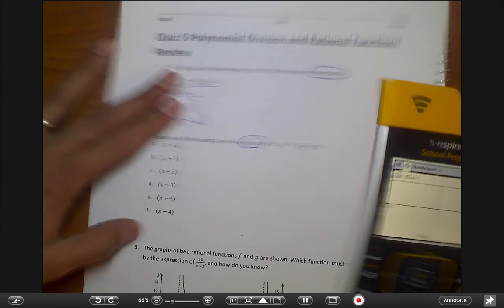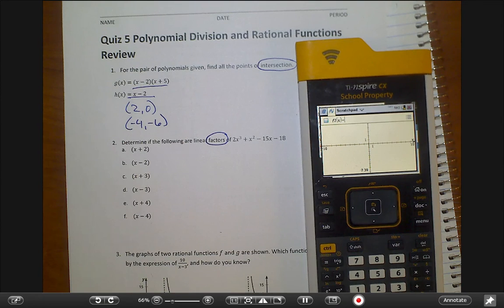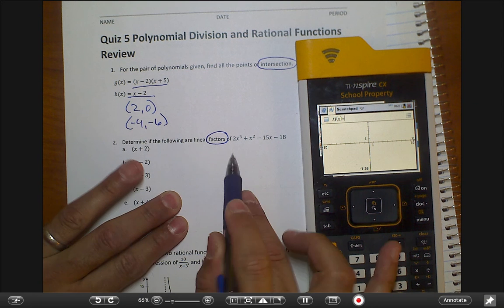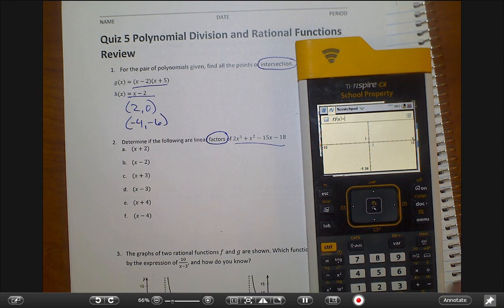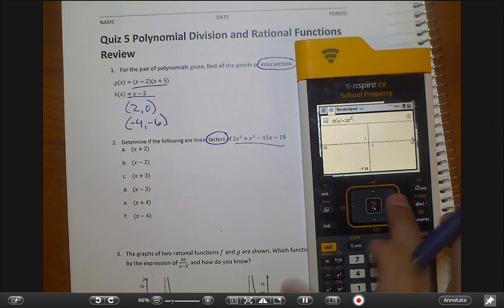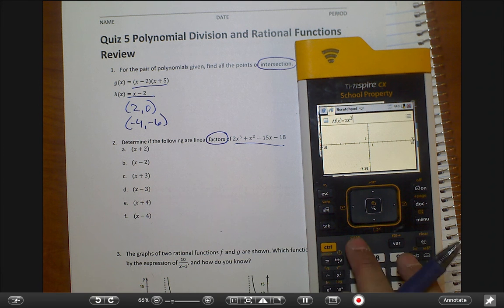Yep, Doc B. And so I'm going to enter this in. So 2x to the third power, plus x squared.